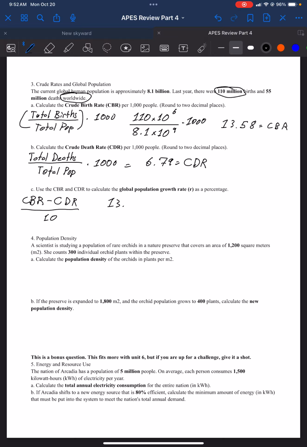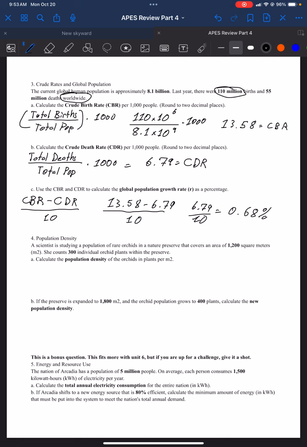I get 13.58 minus 6.79 divided by 10, which equals 0.68%.